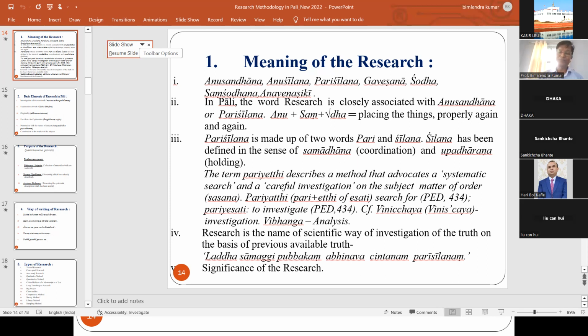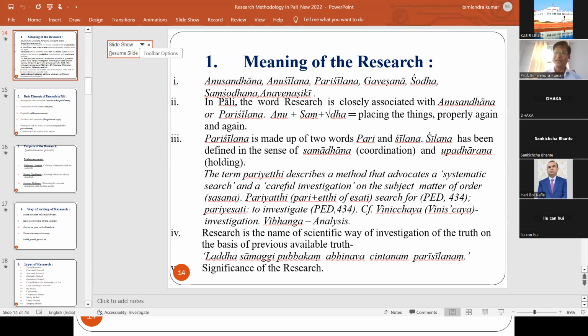There is another term which comes in Sanskrit as well as in Pali, called Vinishchaya. In Pali it is called Vinicchaya, and in Sanskrit, Vinishchaya. Here, Vinishchaya is also in the sense of investigation.